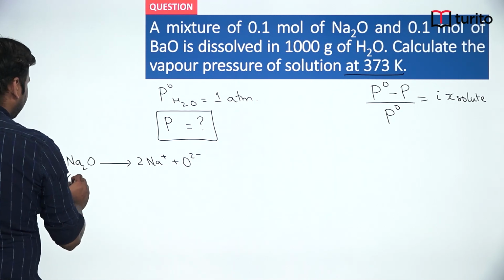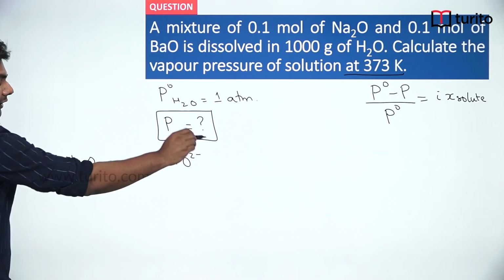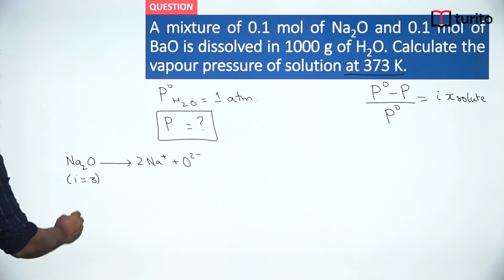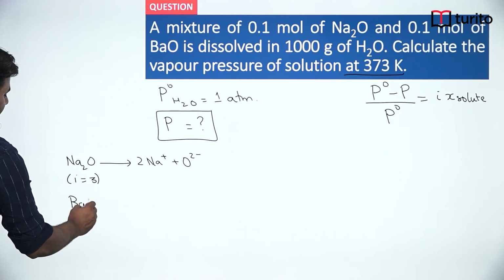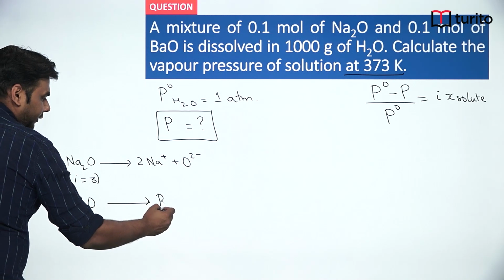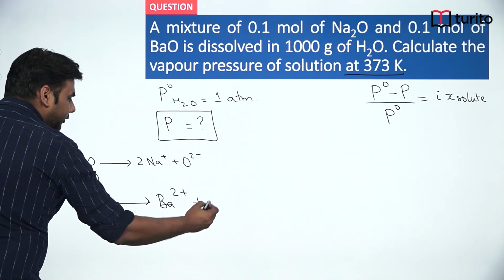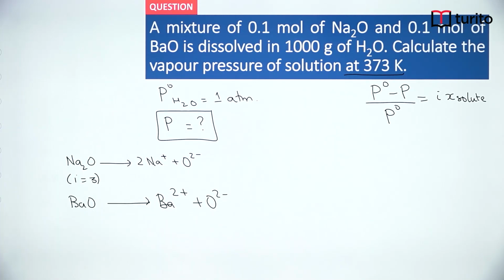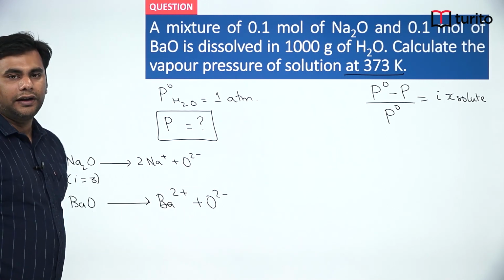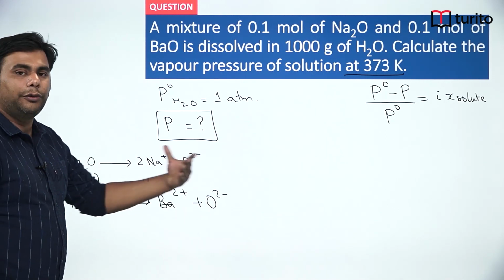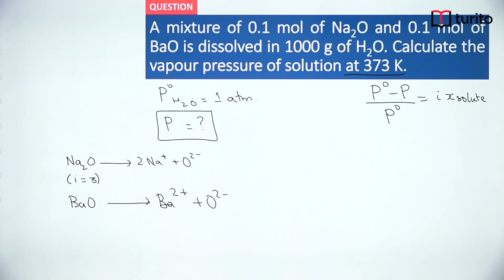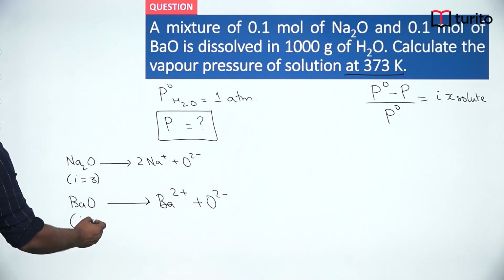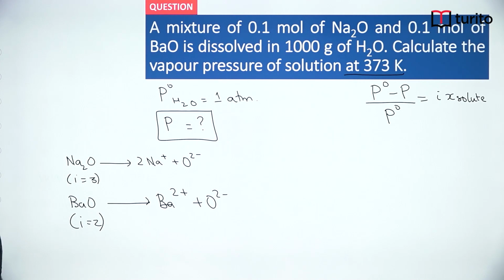So the Van't Hoff factor i would be 3, because finally it is giving 3 particles. Barium oxide gives us Ba2+ and O2-. So 1 mole of this gives 2 moles of ions. Because the degree of dissociation of barium oxide is also not given, you assume it to be 100% dissociated, so in solution it will give us 2 ions.